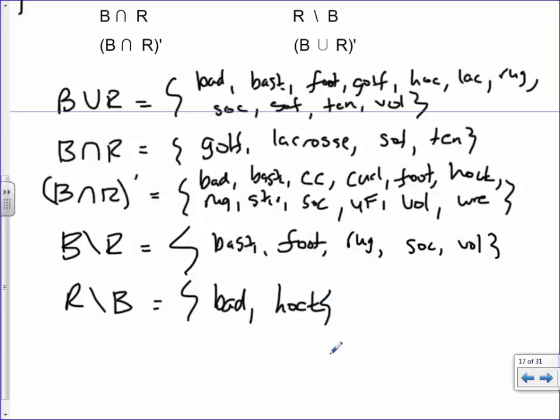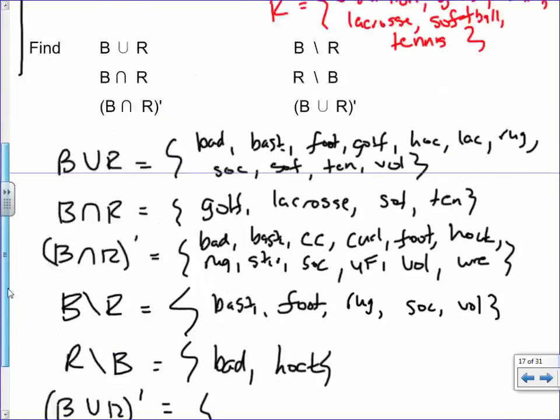Okay, for the last one. What does B union R prime refer to? Yes. Essentially, this is the none category. B union R refers to anything with a ball or a racket. But then we do the opposite of that. We're basically looking for everything else. So if there's a sport that uses nothing, we need to write that one down.